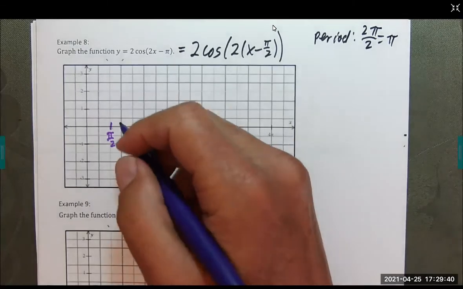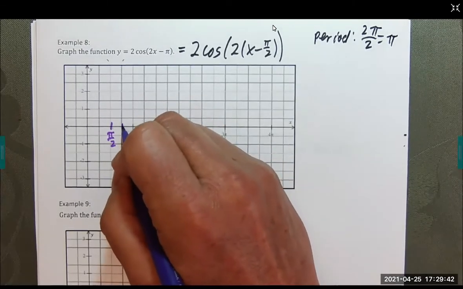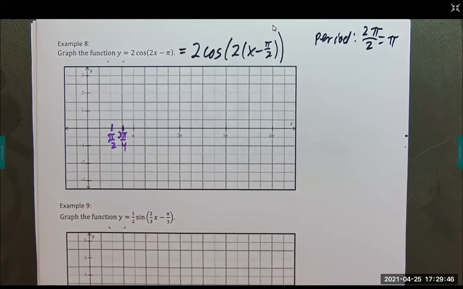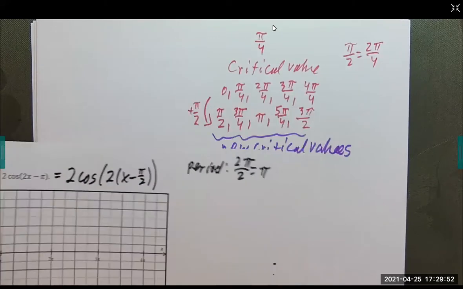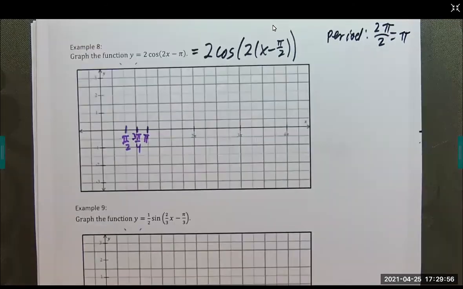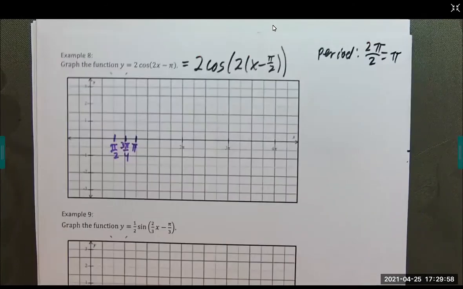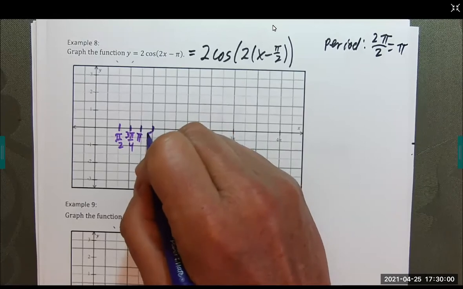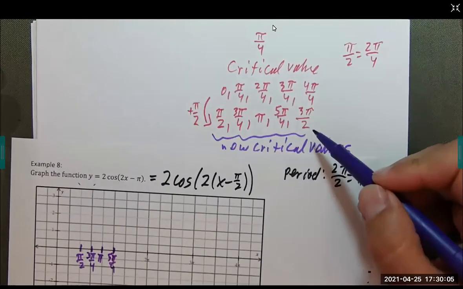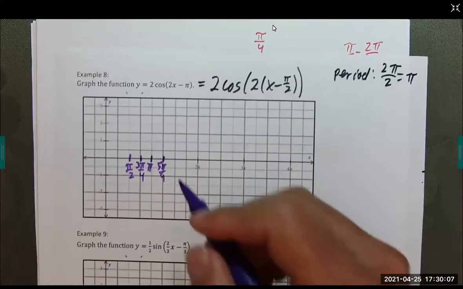That's actually right here. Remember, we've really compressed it as well as shifted it. Next up for my critical value is pi, which we have here. That is 5 pi over 4. That's here. And then 3 pi over 2, which is the next one over.